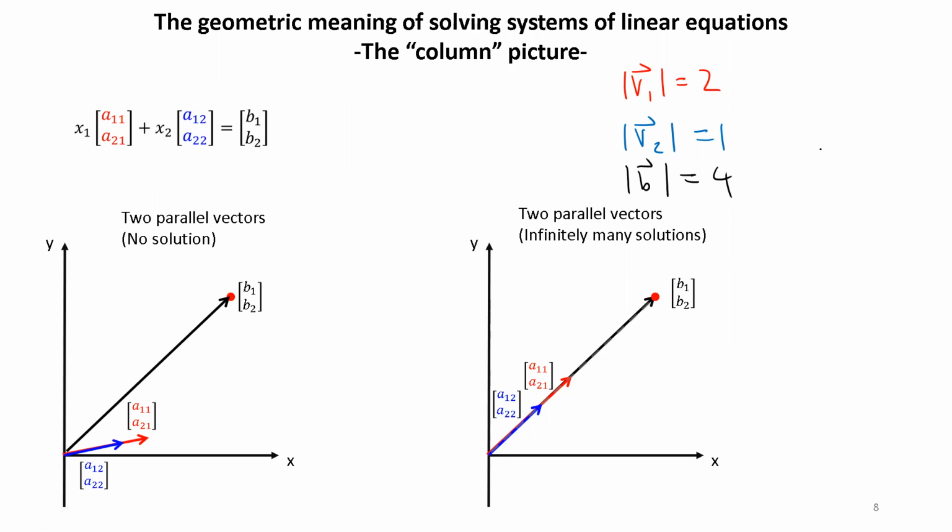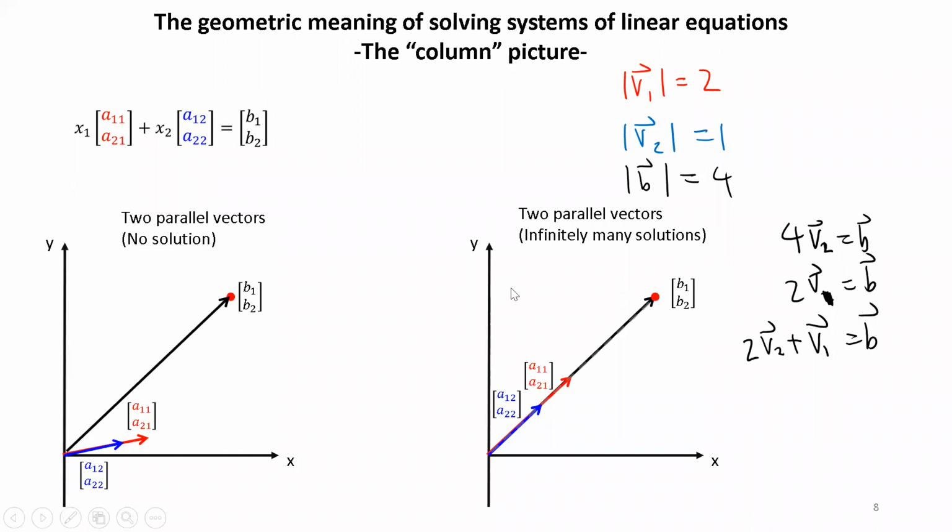For example, you can have 4V2 equals B, or you can have 2 times V1 equals B, or you can have 2 times V2 plus V1 also equals B. So there is more than one combination that will get you to the black vector. There are actually infinitely many of them.